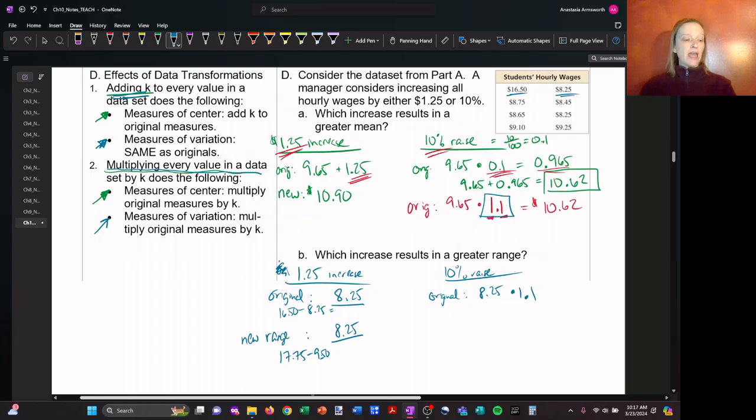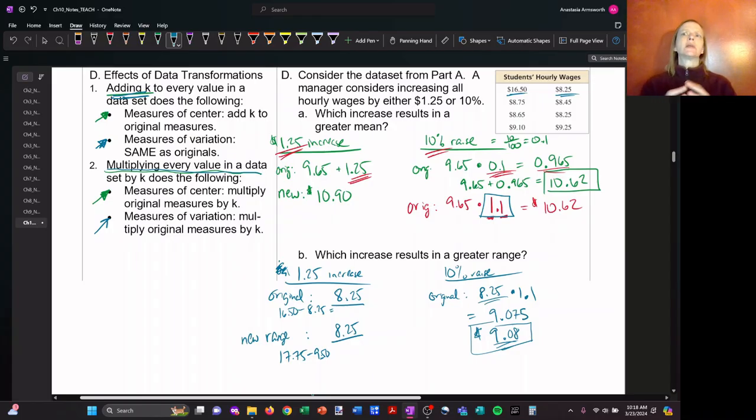So if I multiply $8.25 by 1.1, that gets us $9.075, so rounded off, $9.08 for our new range. So you can see that the range of values has increased.